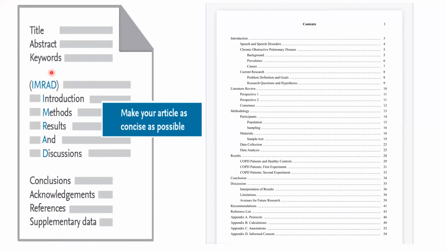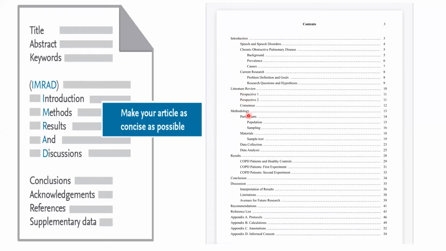But if you see on the right-hand side, this is regarding the thesis. There are a lot of details here. You can see the content: the introduction, then the literature review, and there are subheadings for the literature review.